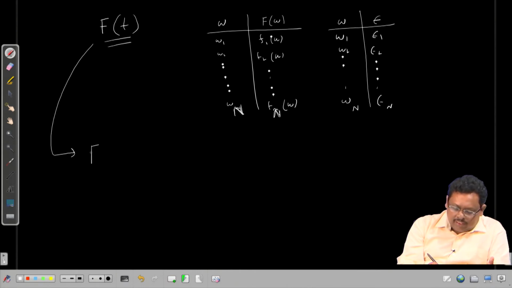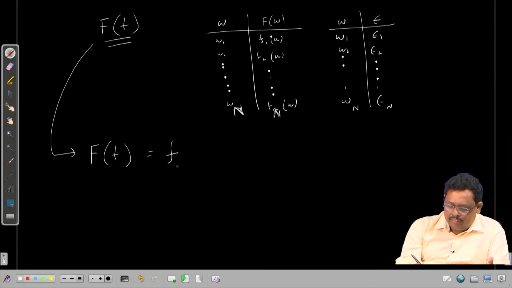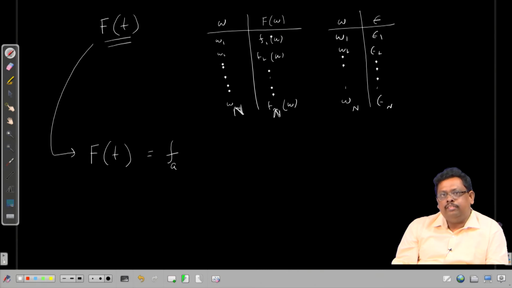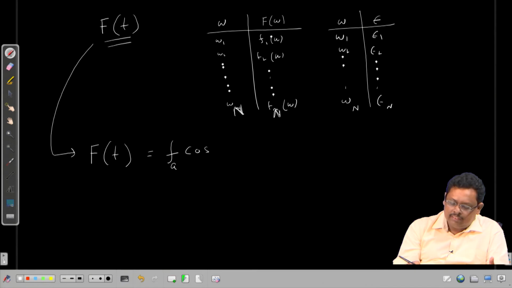So I know my f t should be in the form of some amplitude f a multiplied by some forcing function, some trigonometric function, definitely either cos or sin of omega t plus epsilon.